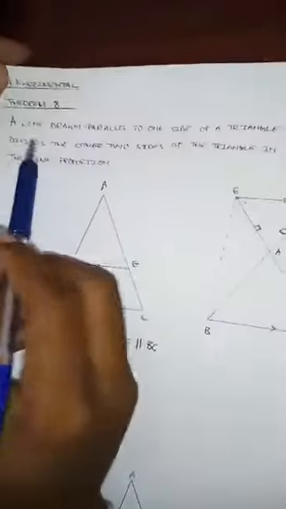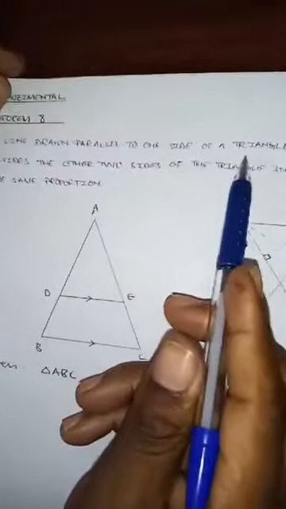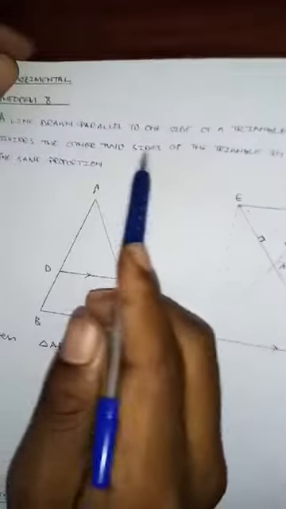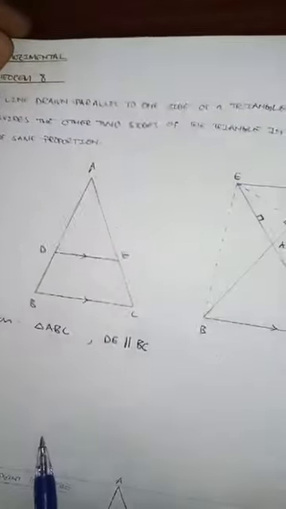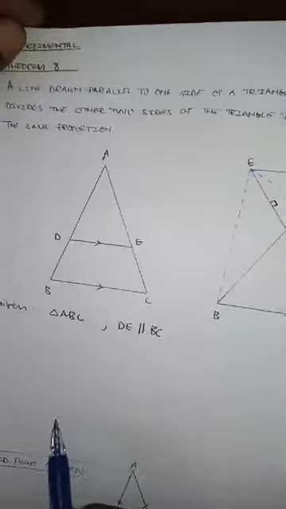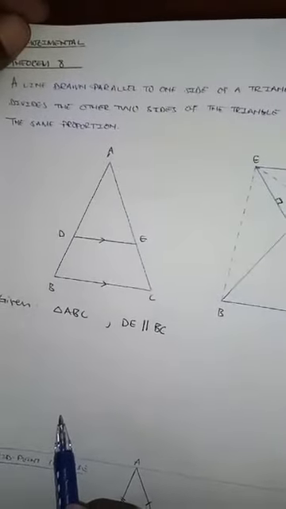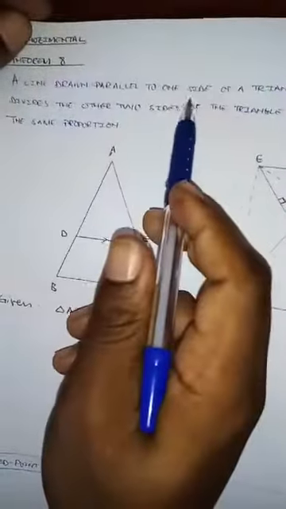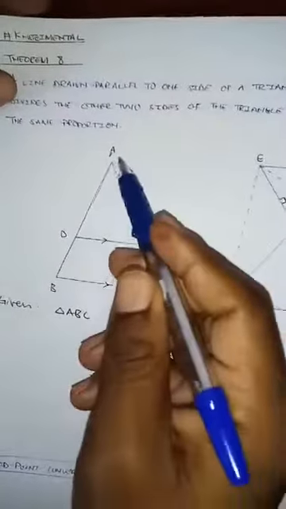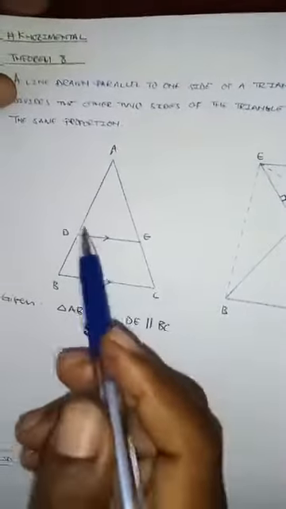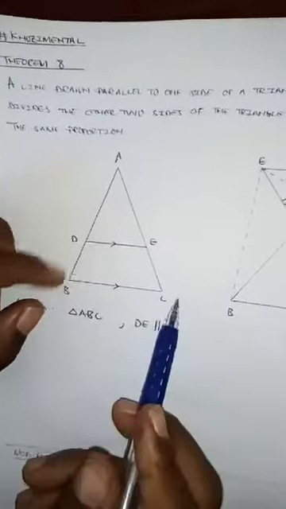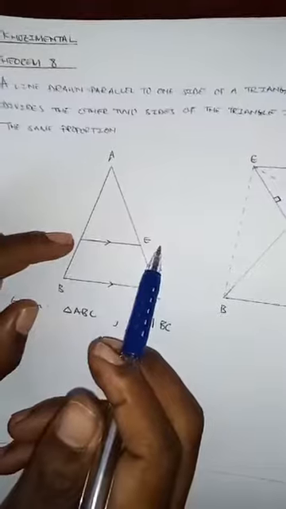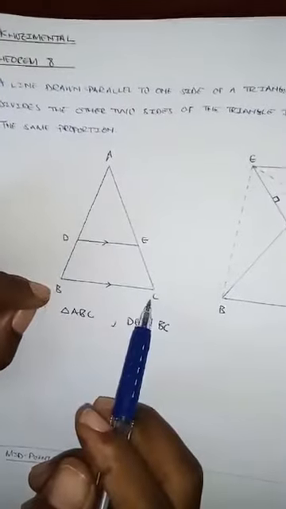Okay. So I call this another theorem 8. A line drawn parallel to one side of a triangle divides the other 2 sides of the triangle in the same proportion. So we have a triangle ABC. We draw a line parallel to one side, so let's take side BC. We draw this line DE, which is parallel to BC.